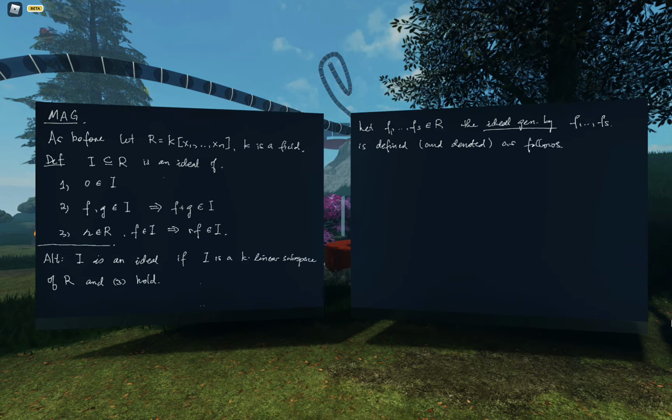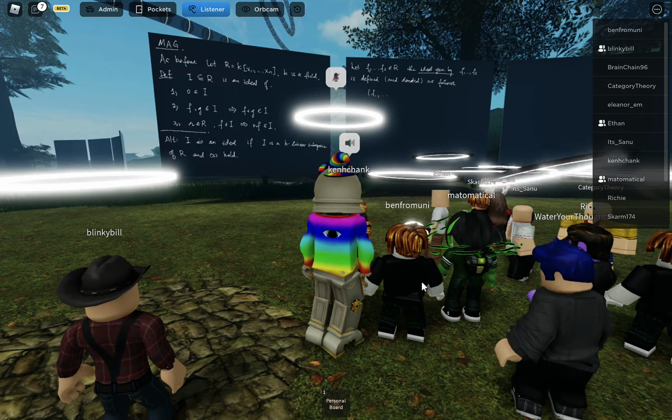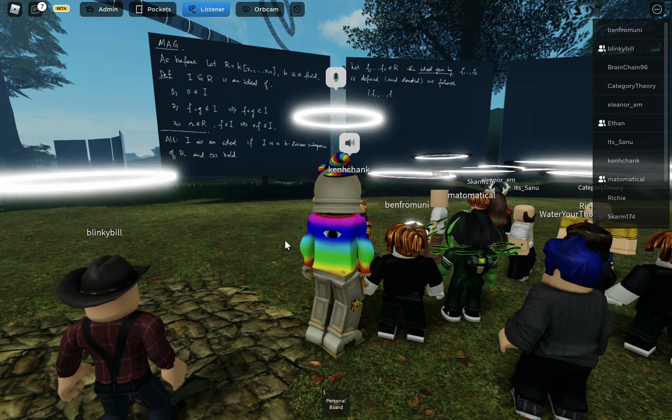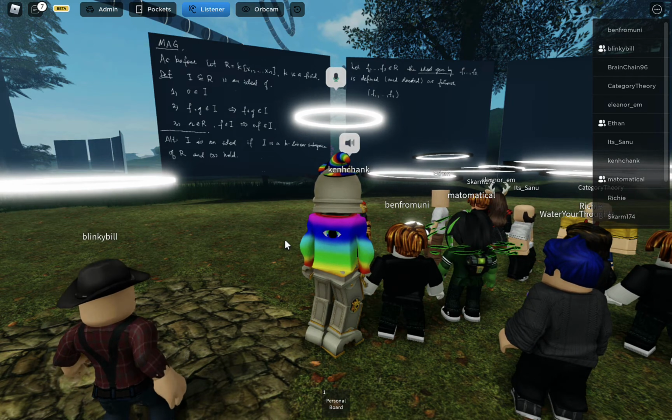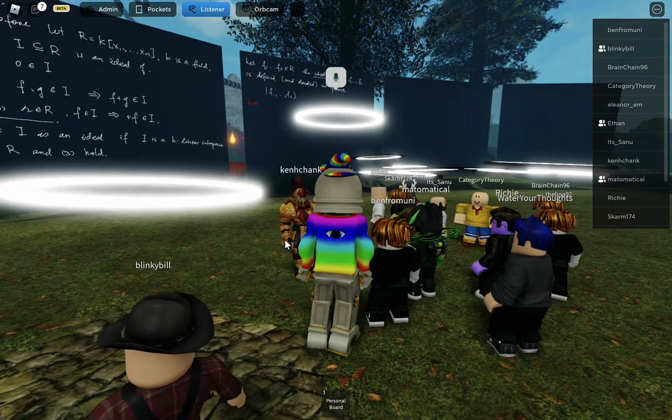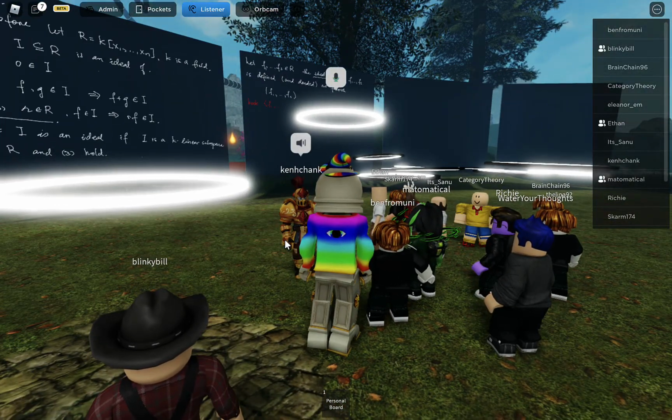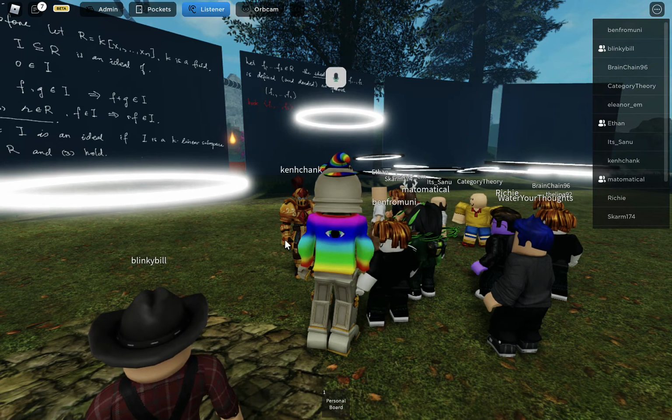I'm going to deviate a little bit from the book's notation. I know this is probably not the best thing to do when teaching from a book, but I've written ideals like this for so long now that it feels strange to use any other notation. I don't know if Dan has an opinion on this, but I usually use round brackets or parentheses to denote a bunch of elements generating an ideal, whereas the book... I'm the same. I find the book's notation kind of weird here. It's also standard, so either is fine for you to use.